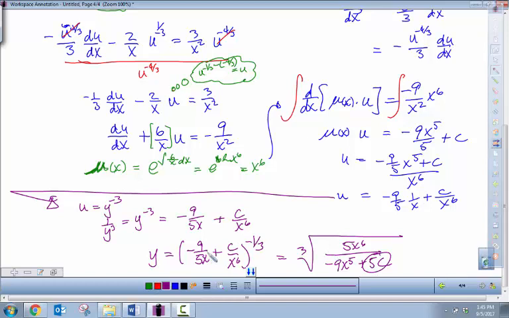So if I find common denominators, I need to multiply this by x to the fifth, and then I need to multiply this by 5. So my common denominator is 5x to the sixth. The denominator becomes a numerator when I get rid of this negative power, and then the 1/3 is a cube root. I think that looks right.